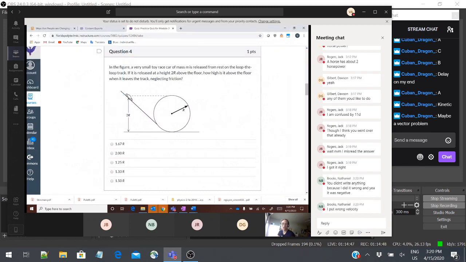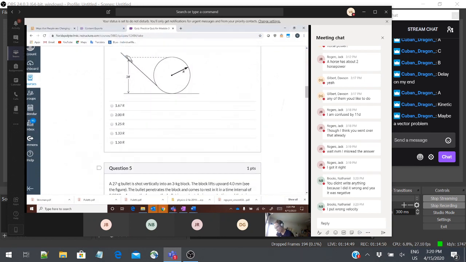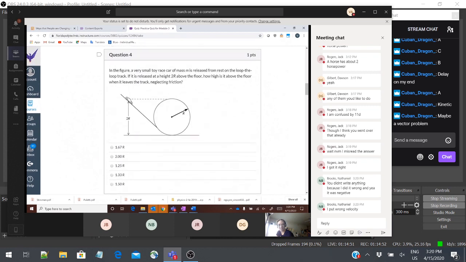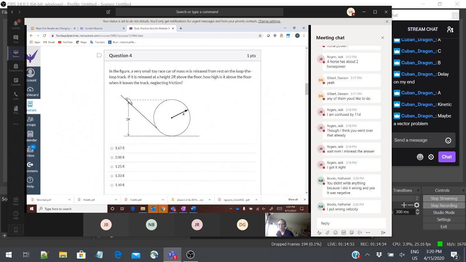So my intuition for this question is that, oh, well, it would go up. It has some potential energy, which would turn into kinetic as it goes up.